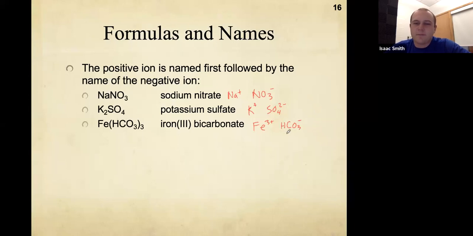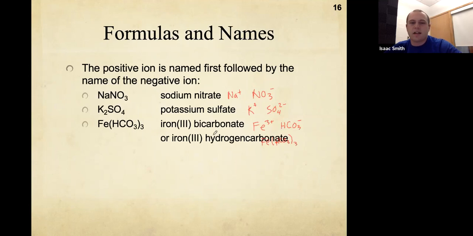So we need 3 bicarbonate ions for every 1 iron ion. But we can't just put a 3 here or else it would look like 33. So we take the iron, put parentheses around the whole bicarbonate, and drop a 3 outside so that it doesn't look like 33. This way you can tell there are 3 bicarbonate ions for every 1 iron ion.